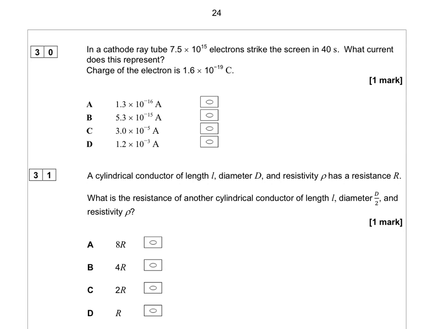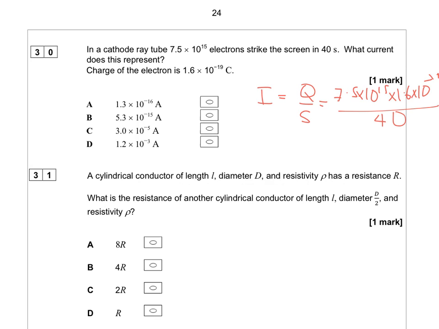In a cathode ray tube, we have 7.5 times 10 to the 15 electrons striking the screen in 40 seconds. What current does that represent? So remember, current is the number of charges per second, but remember it's charge measured in coulombs. So we've got 7.5 times 10 to the 15 times 1.6 times 10 to the minus 19, and that's going to be divided by 40.